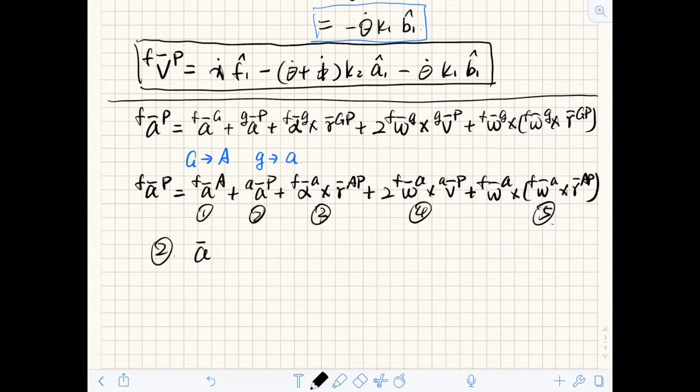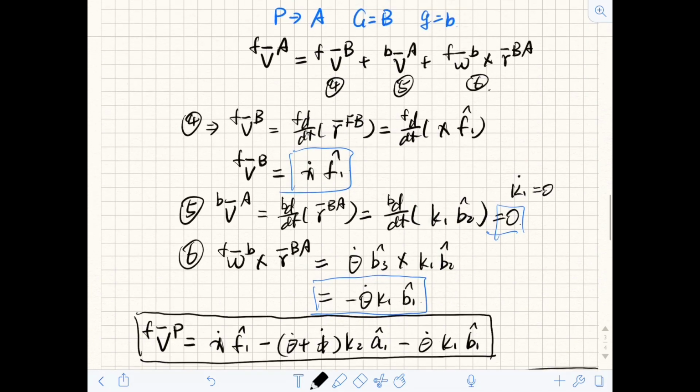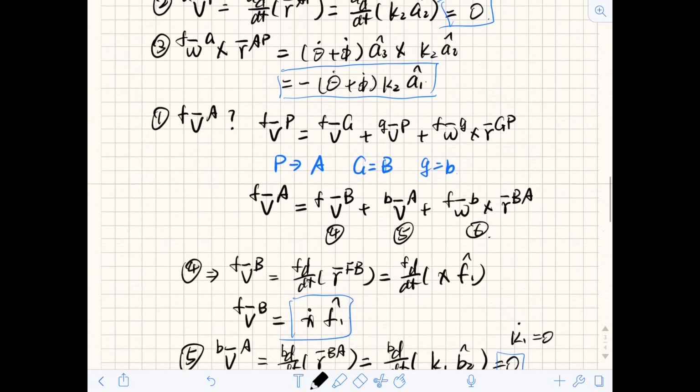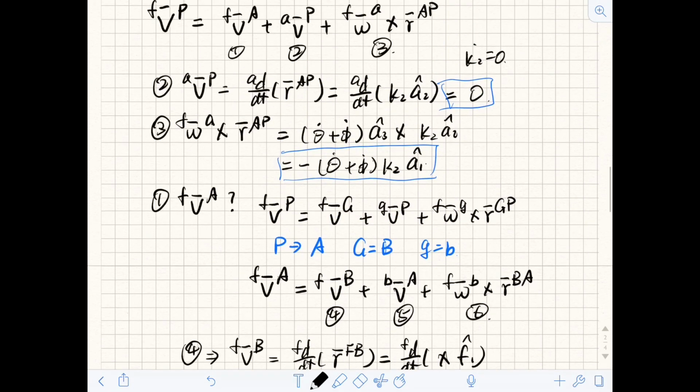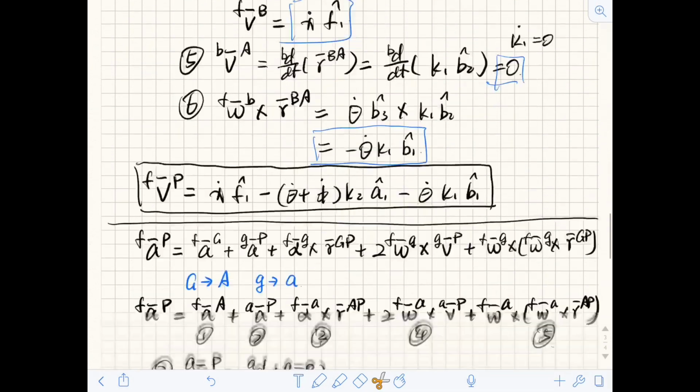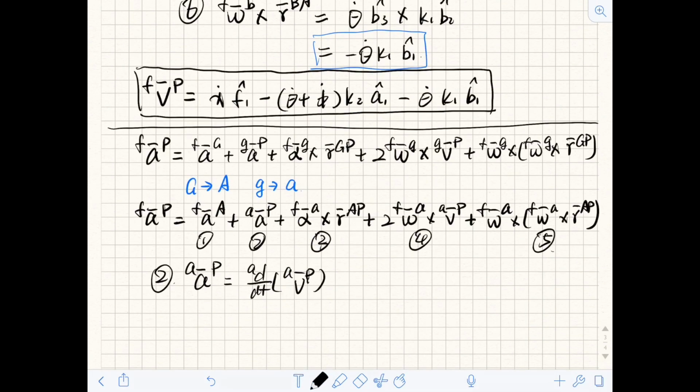If we're to find the acceleration of point P in A, what we're doing is finding the derivative of the velocity of P in A. If we go back to the first part, when we found the velocity of P in A, we know it's 0. If we make the assumption that K2 dot equals 0, then the acceleration of point P in A equals 0.